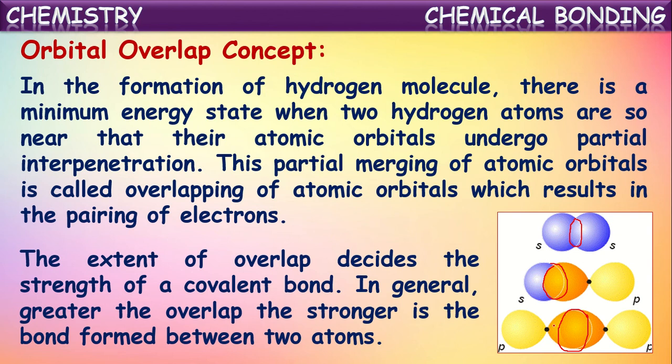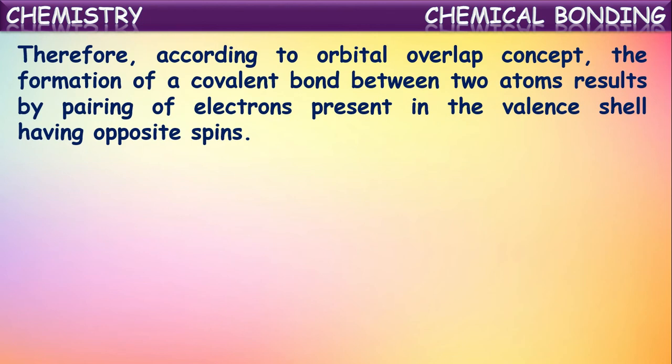As the extent of overlapping increases, the strength of the covalent bond so formed will increase. Therefore, according to the orbital overlap concept, the formation of a covalent bond between two atoms results from the pairing of electrons present in the valence shell having opposite spins.